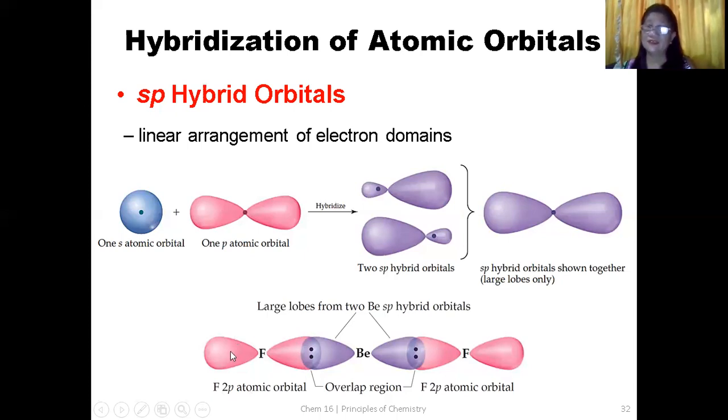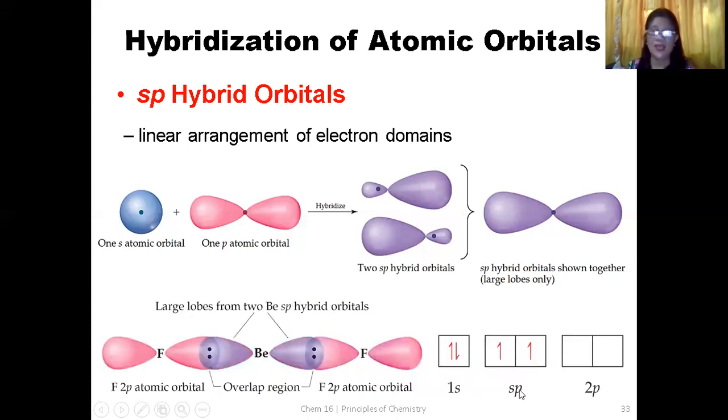That's beryllium and fluorine, two P with the S. So it will be a 2p atomic orbital, wherein your beryllium will be a hybrid already.